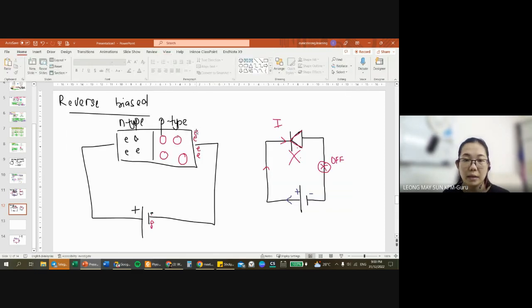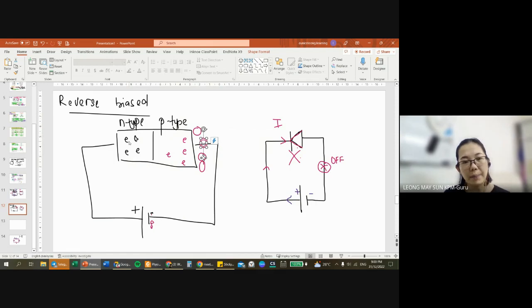All right, the electrons from the negative terminal of the battery will move out, causing the p-type to be negatively charged. The holes will eventually keep on being filled up by the electrons.